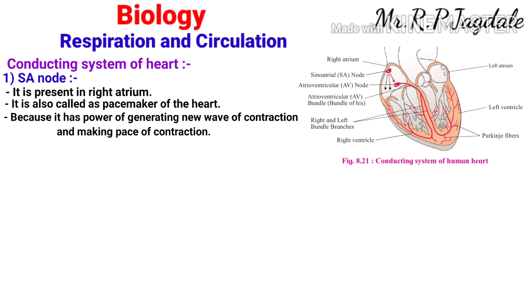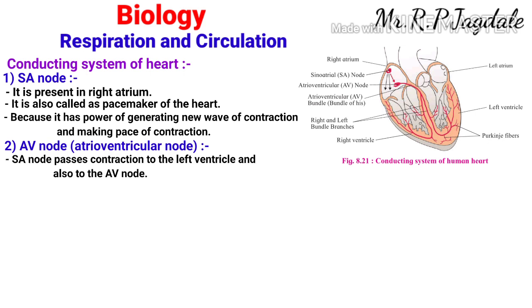Then the second part is called the AV node, or the atrioventricular node. The SA node passes contraction to the AV node, the atrioventricular node. So contraction from the SA node comes to the AV node.